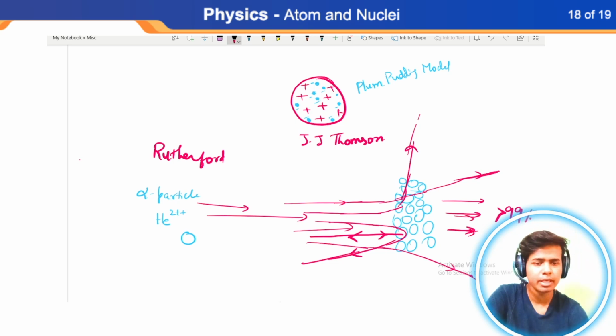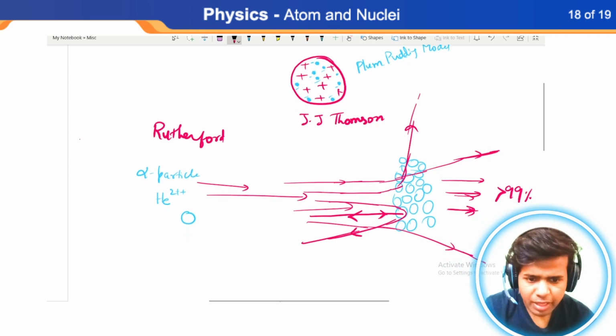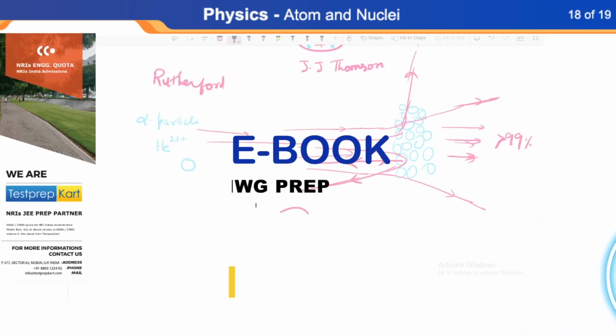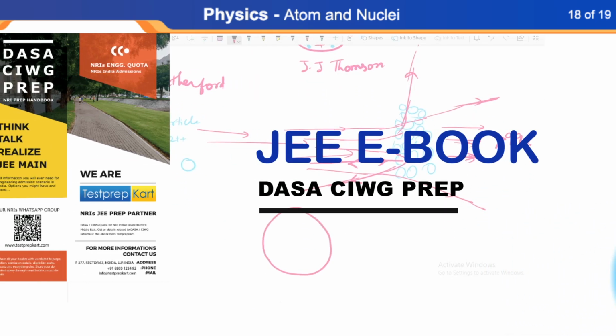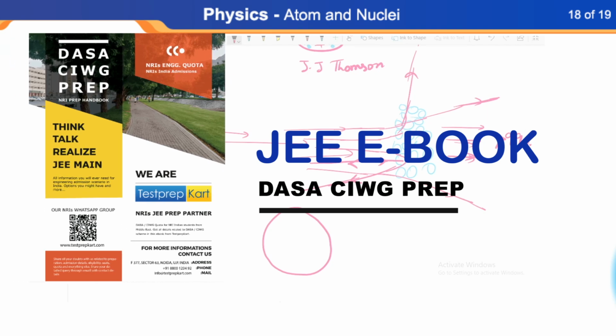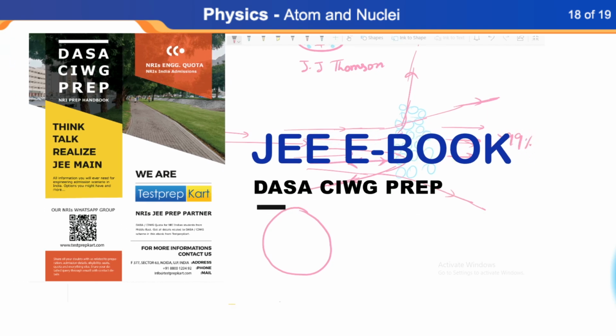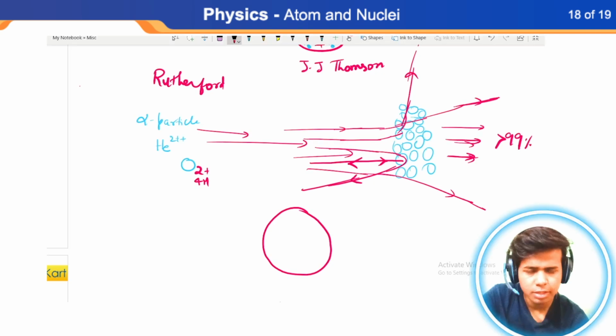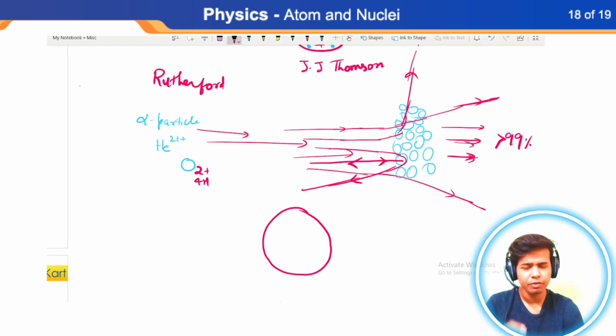What he concluded from there is, see, what is this alpha particle? It is basically 2 positive charge and 4 mass, right? Nothing else. 4 unit atomic mass and 2 positive charges, because there is no electron in it.